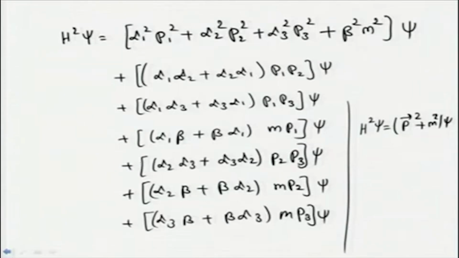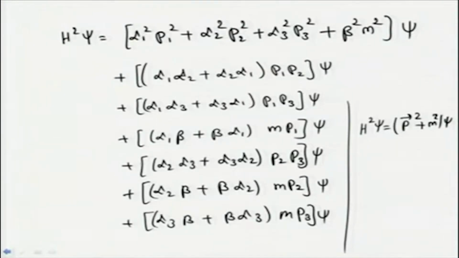So, that cannot be, but then the other thing that can happen is the coefficients of P1 P2 identically go to 0. It should be valid for a general momentum, any momentum. It does not matter what a particular case P1 or P2 equal to 0, one particular term will vanish.